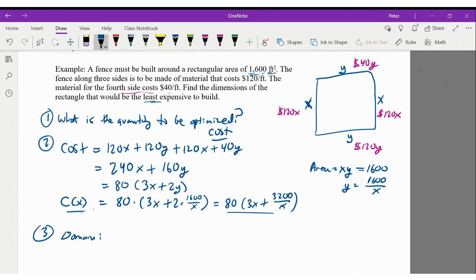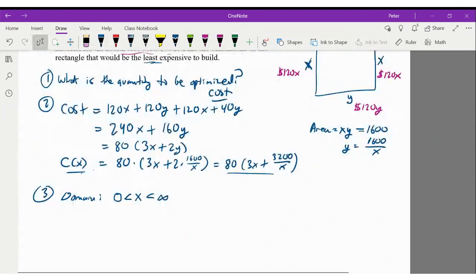I mean, we do know that x has to be greater than 0. So yeah, we know x has to be greater than 0 because we can't put a 0 into this equation, but there's no maximum to what x could be, because again, I could always just have a very long but skinny rectangle. So the domain is going to be 0, infinity again.